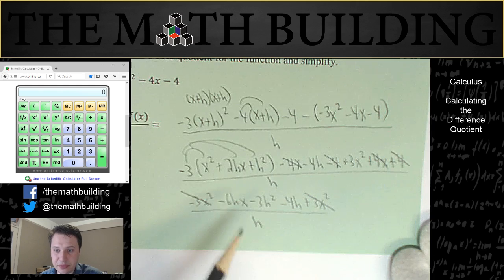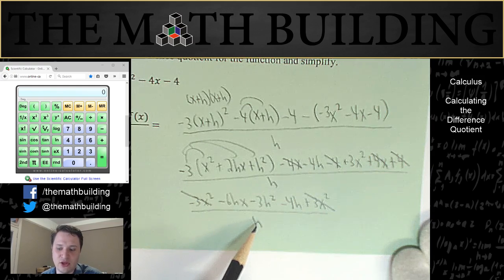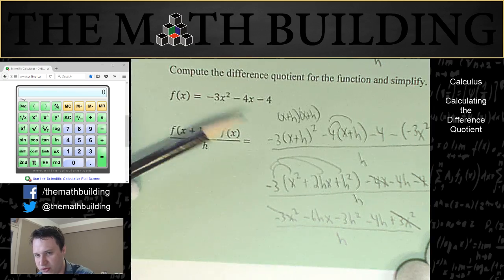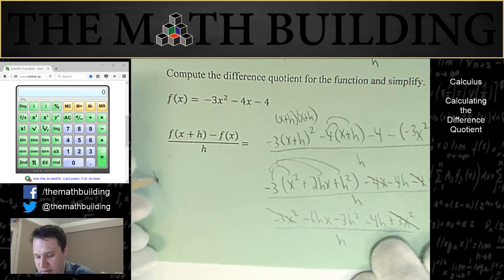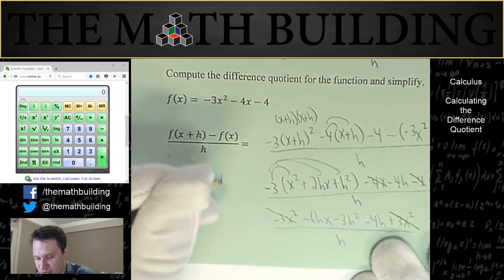Did you get it? Because we have an h in the top of all of this, we should go ahead and factor that out because we could cancel it with that h in the bottom. So if I did that, I'll do it over here. We're going to factor out an h out of the top, which gives me negative 6x minus 3h minus 4.